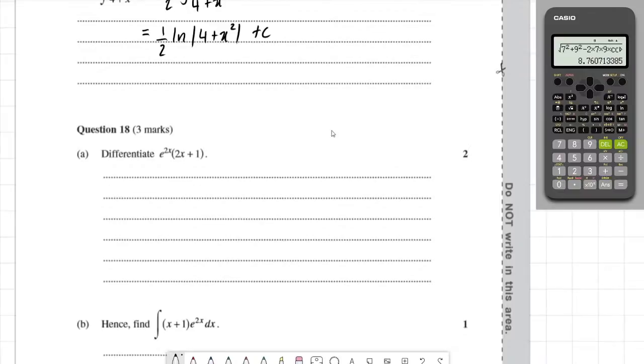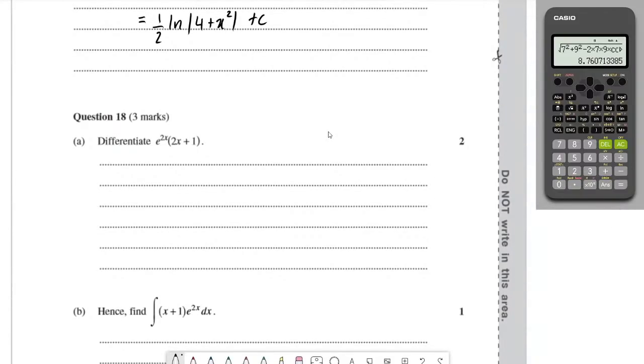Okay, next, just a simple differentiation. So differentiate e to the 2x, lots of 2x plus 1. So this is a product rule with u and v. So u is equal to e to the 2x, v is equal to 2x plus 1. du dx is equal to 2e to the 2x, dv dx is equal to 2.